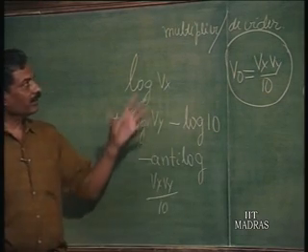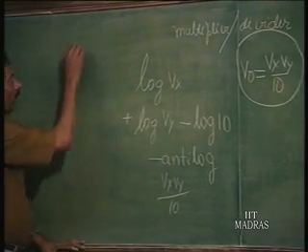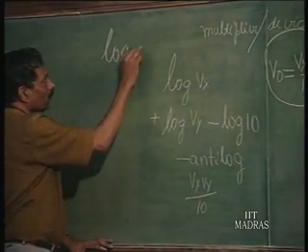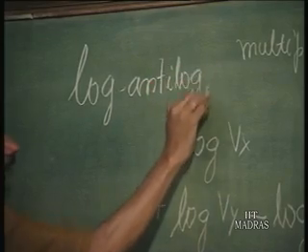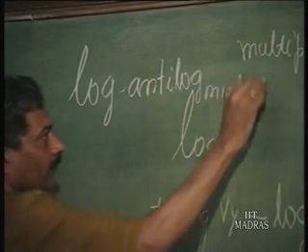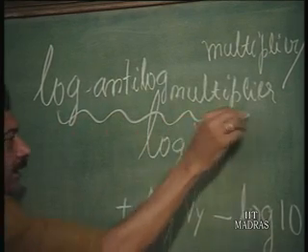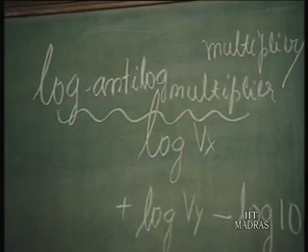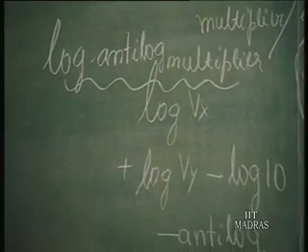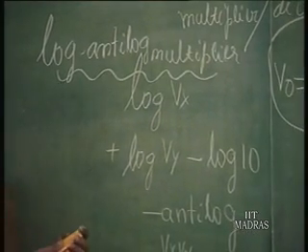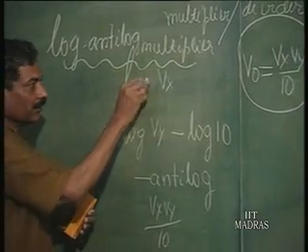So, this is called a log anti-log multiplier. The basic principle of this is just this. In fact, all these logs are not to the base 10, they are natural logs.